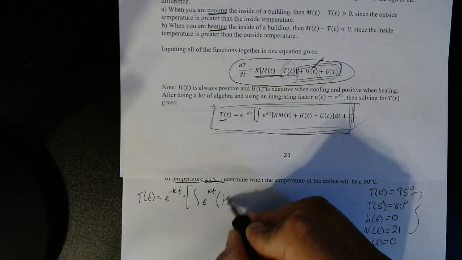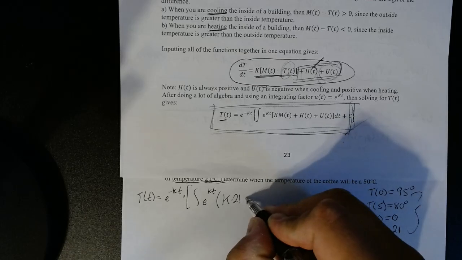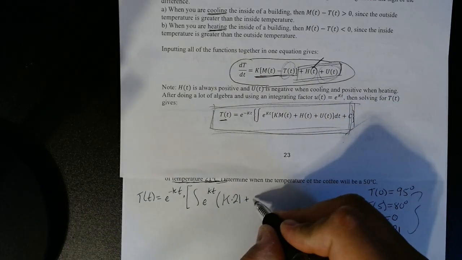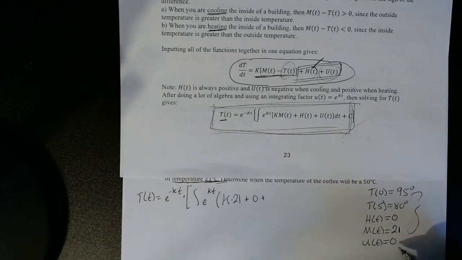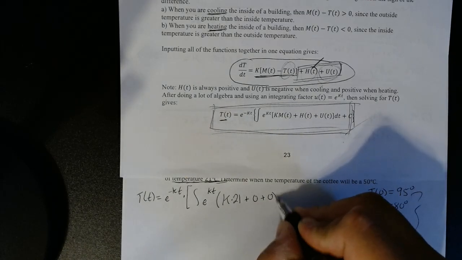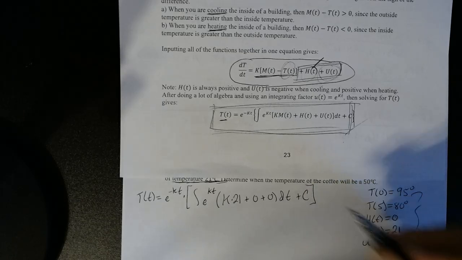So this k, M of t now is 21, plus H is 0, plus U, which is also 0, and there we go.